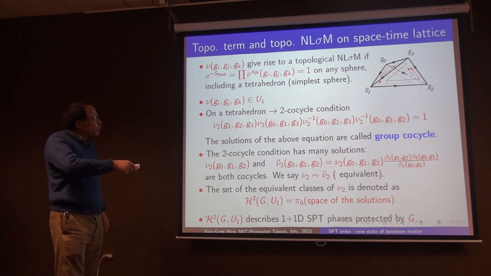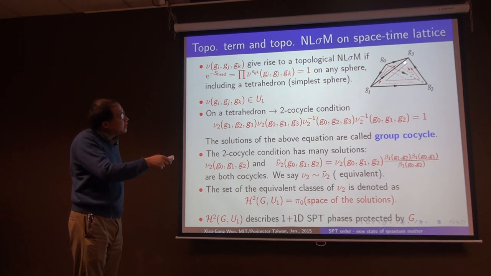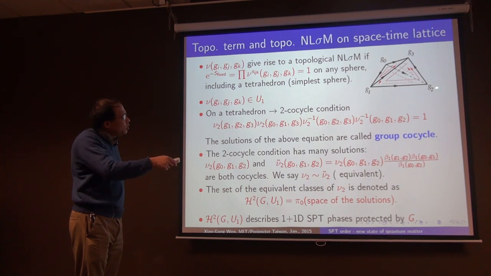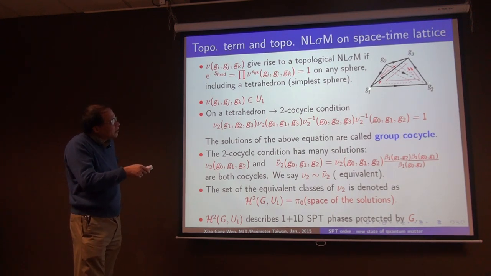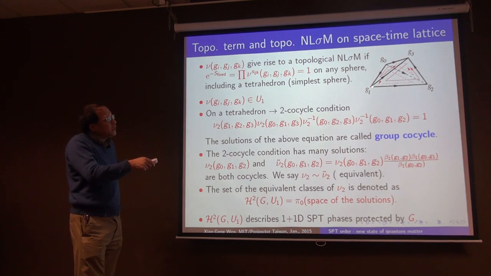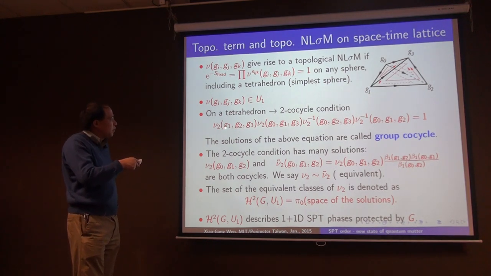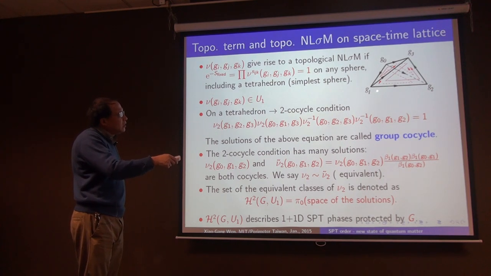So let me describe this a little bit. Let's look at this function of G1, G2, G3. This term corresponds to this triangle. The first element G1: look here, G1 has no incoming edge. Both edges are outgoing edges. So no incoming edge goes to the first variable. G2 has one incoming edge, one outgoing edge.